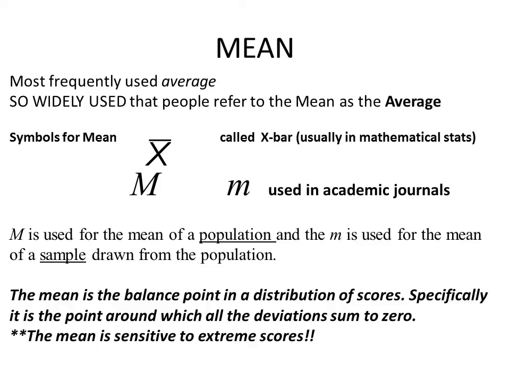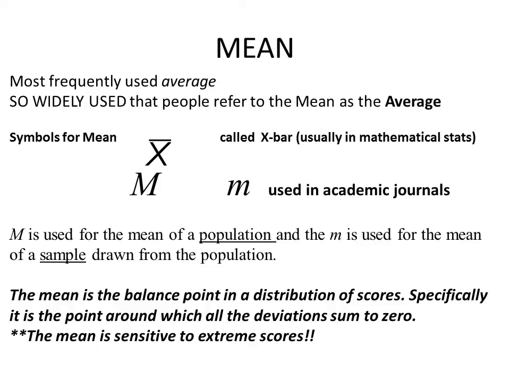So let's talk about these symbols of the mean. Some of the symbols of the mean, the first one is called the X bar. Usually you will see this in mathematical statistics. And the next two symbols would be a capital M or uppercase M italicized and a lowercase m italicized.